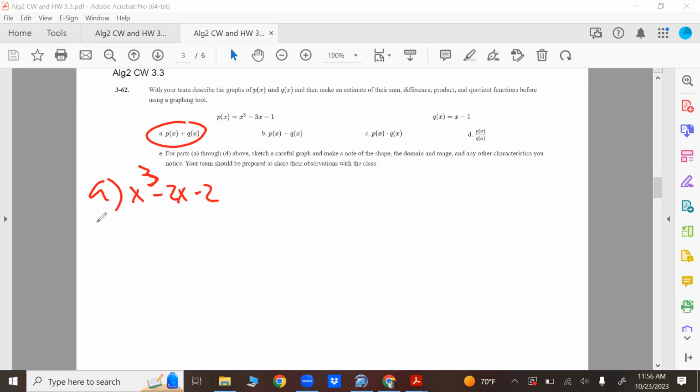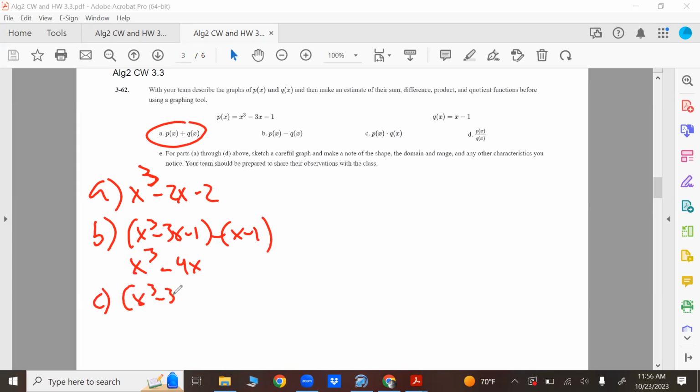That's easy. Part B, you're subtracting. Gotta be careful here. x cubed minus 3x minus 1 minus x minus 1. You just get that. Part C, you're multiplying. So you have the FOIL, which would be x4 minus 3x squared minus x cubed.